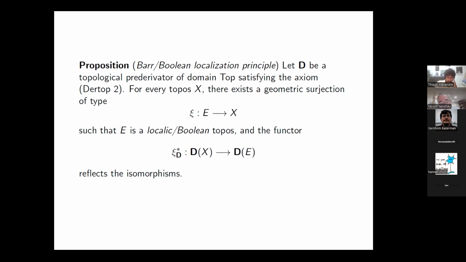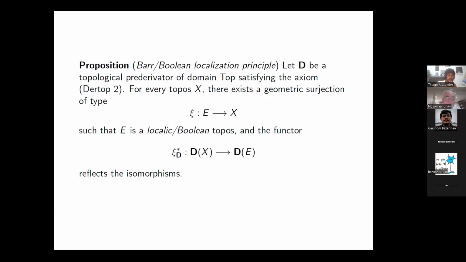It is very interesting because this idea of Boolean localization principle already appears in Joyal's letter to Grothendieck, where Joyal shows how to construct the local homotopy theory of spaces in every topos, how we build the model category structure for this by simplicial sheaves, right?